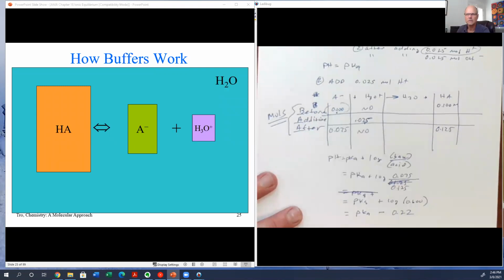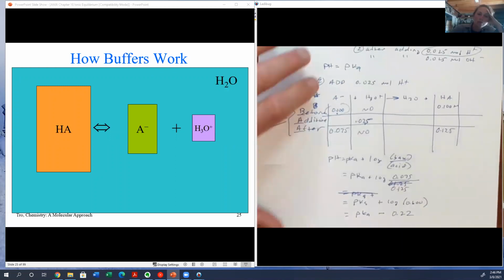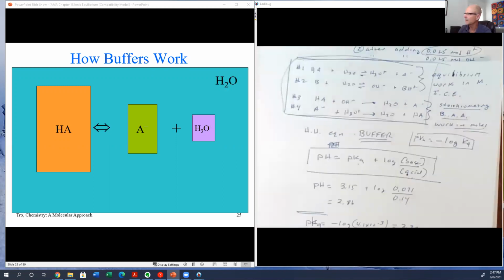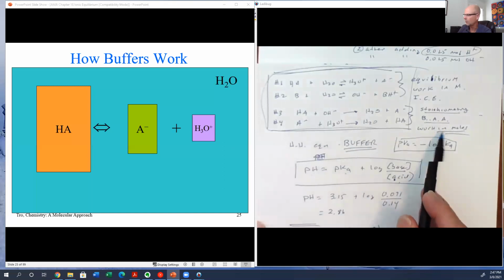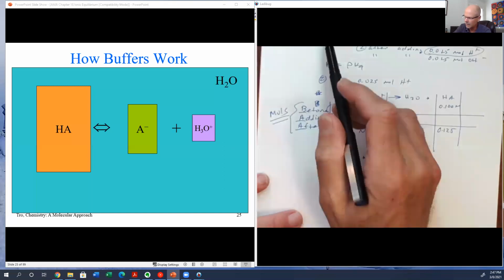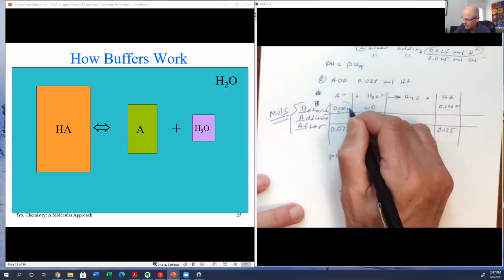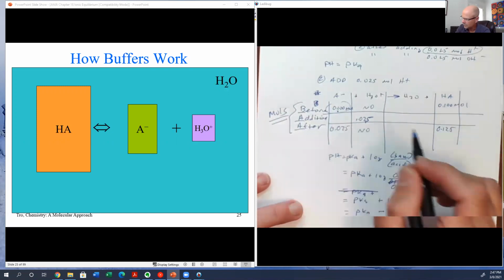Sorry, I should have pointed that out, Emily. Thank you for asking. That was my mistake. Whenever you're working with these equations, you always want to work in moles. So what I should have said is, we have 1 liter, 0.1 moles per liter, therefore we have 0.1 moles. These are all moles, not molarity, right?